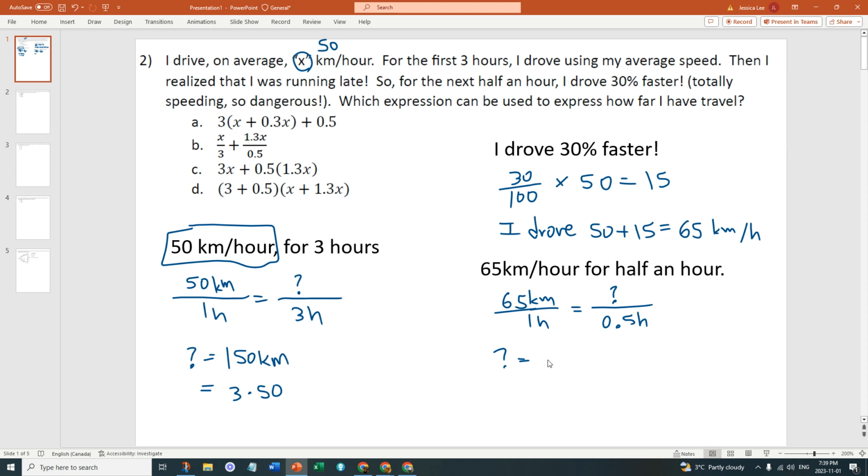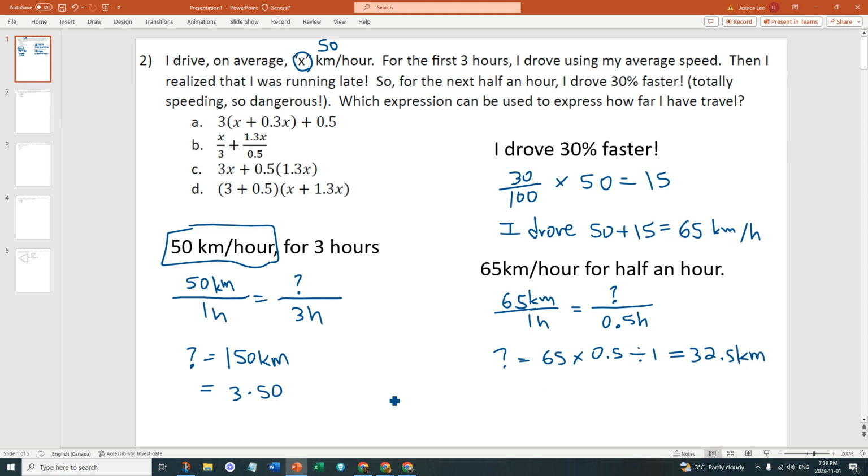So for that half an hour, I drove 65 times 0.5 divided by 1. If we want to complete the cross multiply, that will give me 32.5 kilometers.